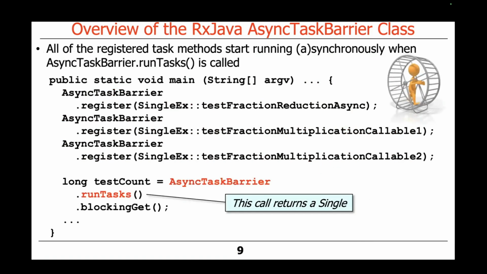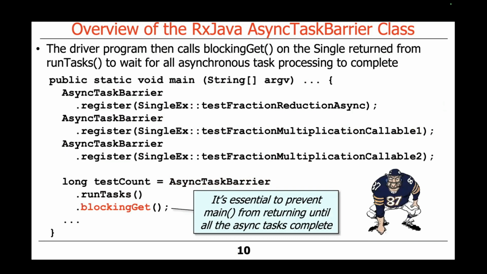We can start them all running, and they'll go run in the background, cranking away in their own threads in the pool of threads that's defined by the scheduler. Then we can wait for all those computations to be done by making a single call to blocking get. This again will ensure that we don't fall off the end of main on the main thread in the test program until all the asynchronous tasks complete running.